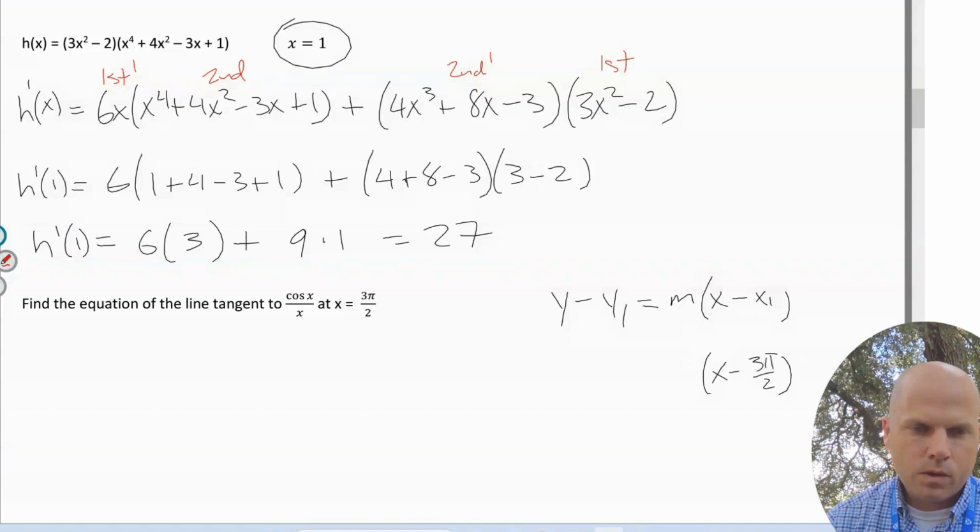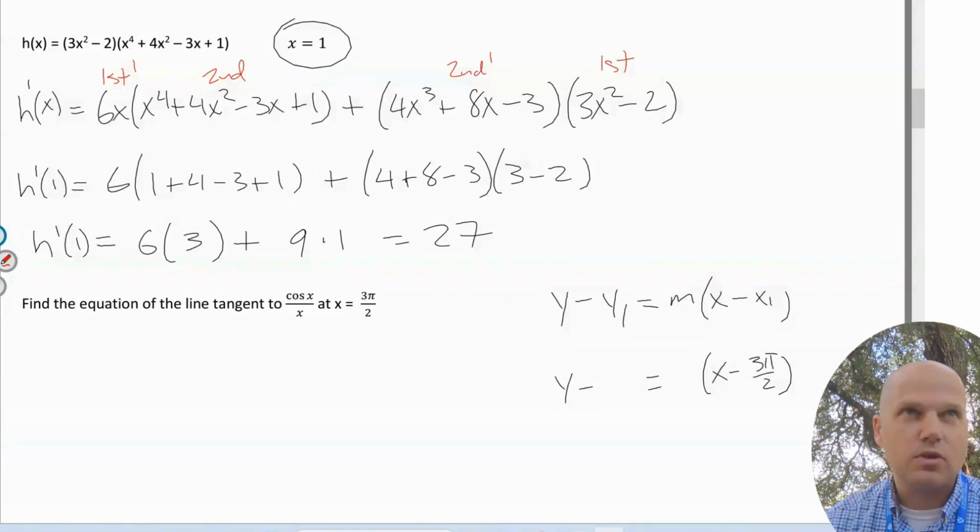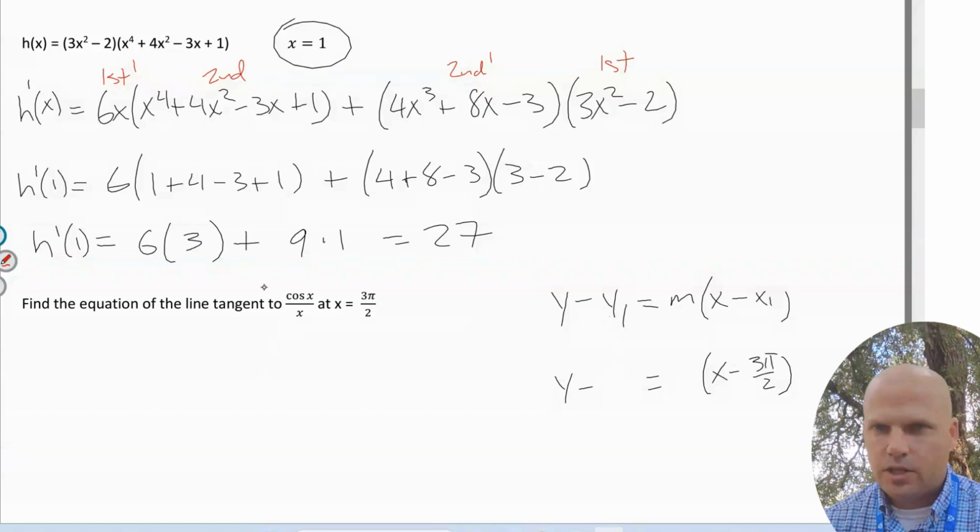So I need my m value and I need my y value. Now, where does the m come from? This comes from the slope equation. Where does the y value come from? The original equation. I should have put f of x equals. So I'm going to go ahead and find f of 3 pi over 2.